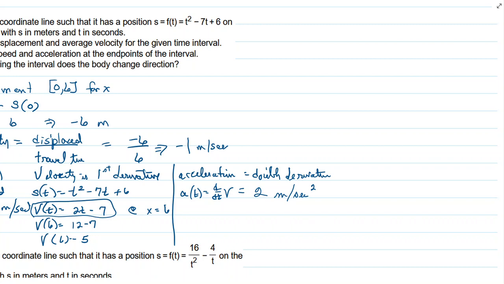If I do the double derivative, it's d2s over dt2, because the seconds become a critical component of measurement. All right. So now I got that.